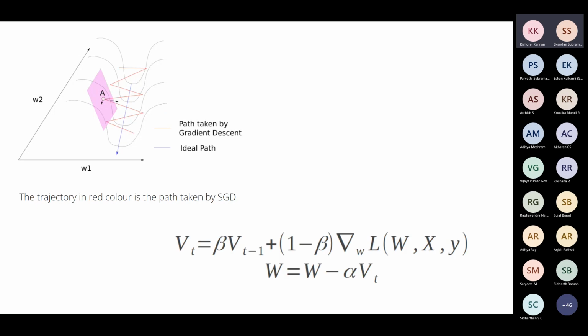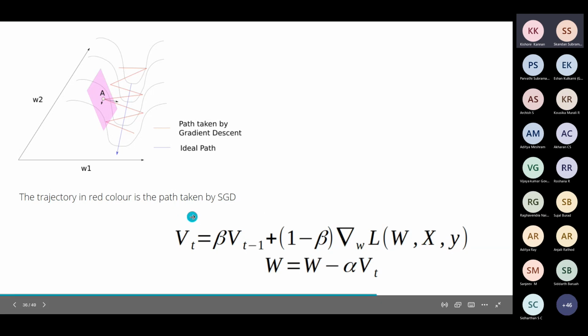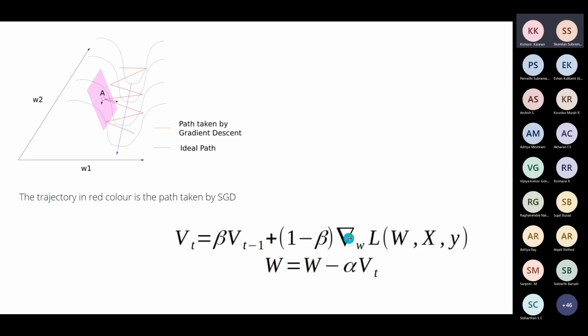So to do that, we use momentum, and this is the formula. This is what we just saw in the previous slide. This is nothing but the exponentially weighted moving average. So we take the exponentially weighted moving averages of the gradient at all these points. Whatever points we encounter, we take note of them, and then we find the exponentially weighted moving average of those points.